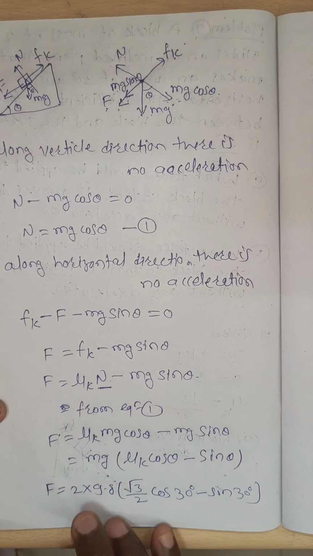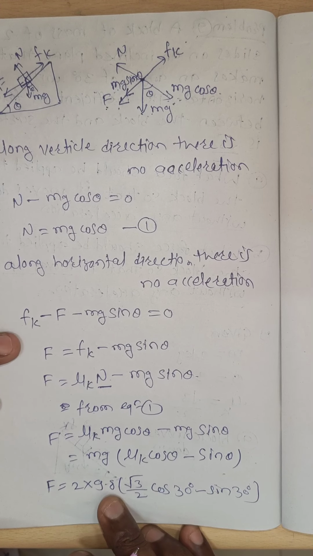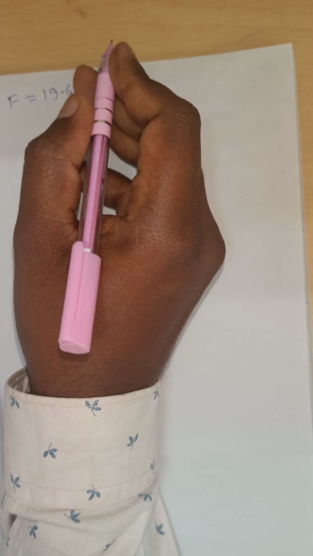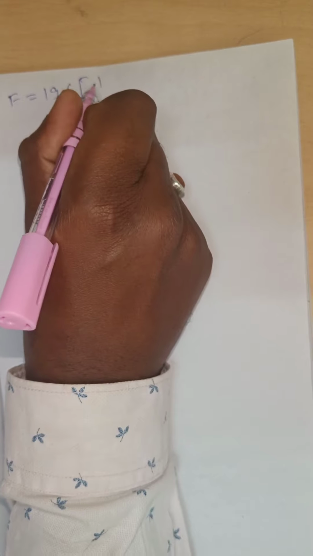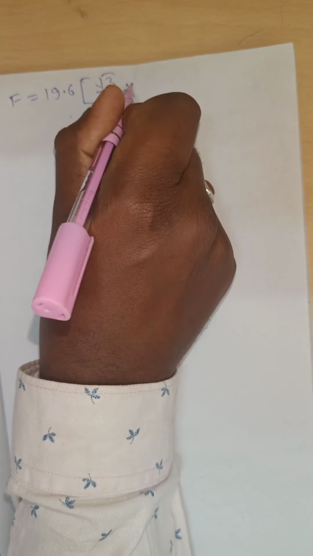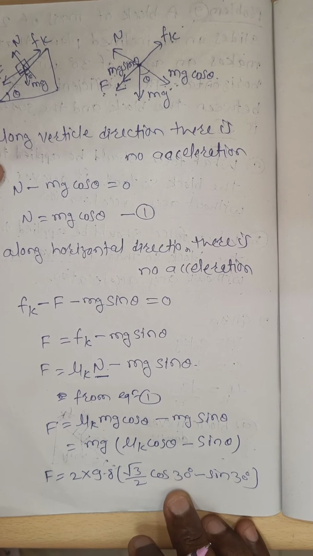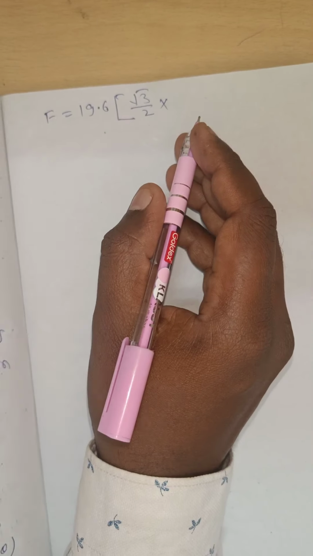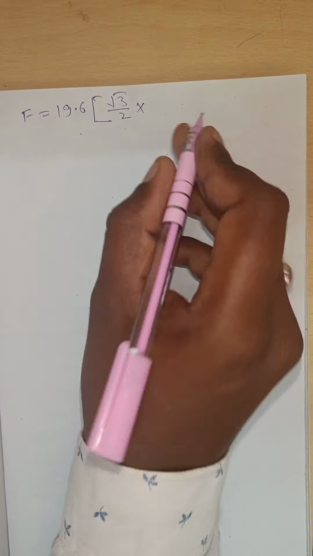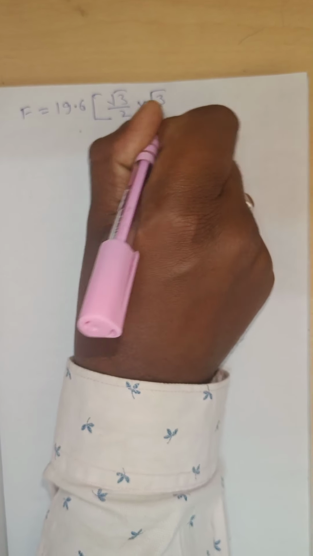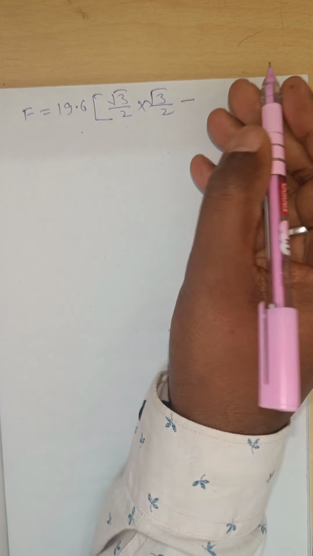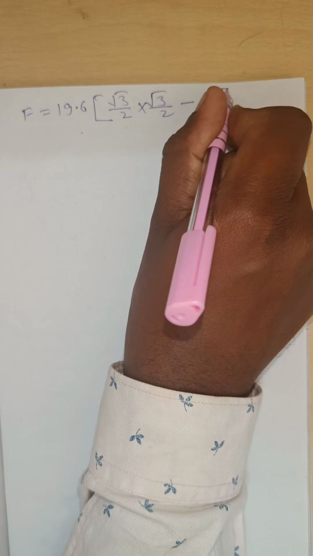Therefore the applied force F is equal to 2 into 9.8, which is 19.6, into root 3 by 2 into cos 30. The cos 30 value is root 3 by 2, minus sin 30, and the sin 30 value is 1 by 2.